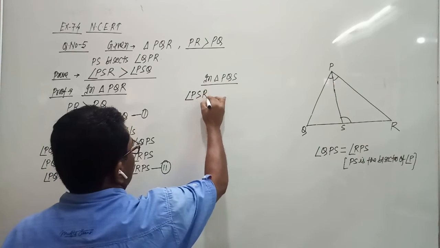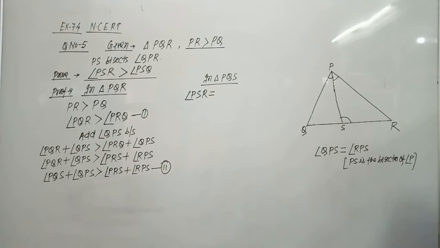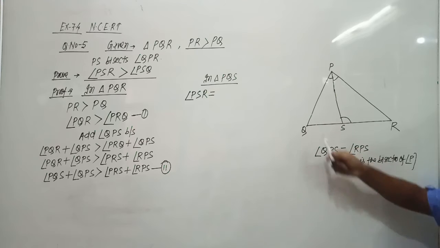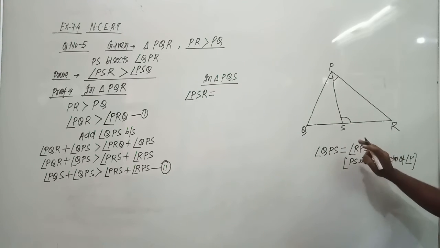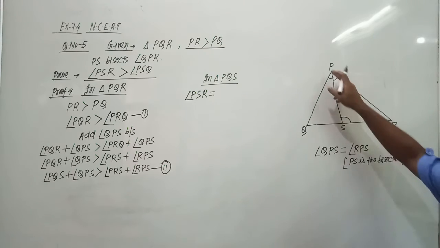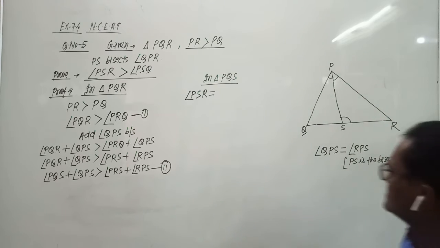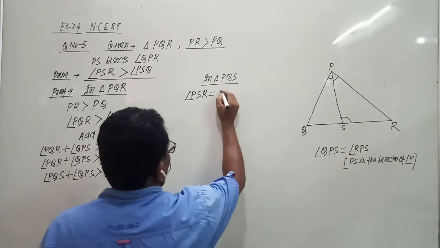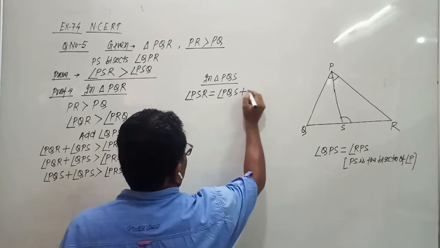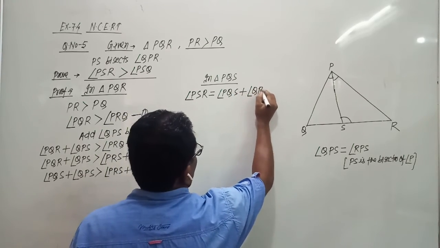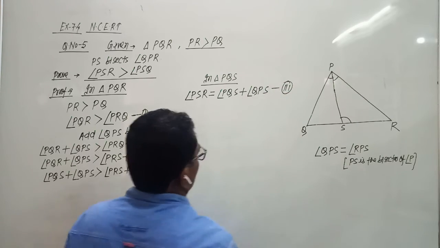So the exterior angle PSR is equal to the sum of the interior opposite angles. So angle PSR equals angle PQS plus angle QPS. This is the third equation.